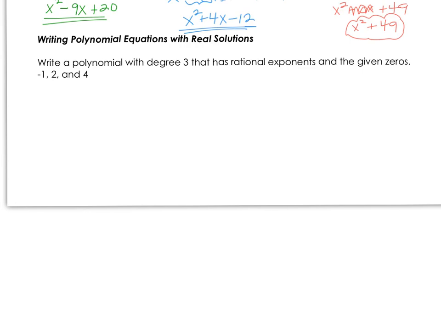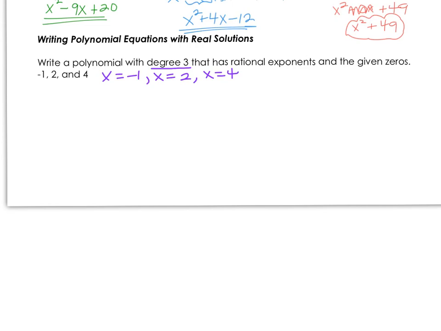As if quadratic expressions weren't enough, we can create polynomials of higher degree with real solutions and complex or imaginary solutions. Write a polynomial with degree 3. That's going to be a cubic polynomial that has rational exponents and the given zeros, negative 1, 2, and 4. Again, this means x equals negative 1, x equals positive 2, and x equals 4.